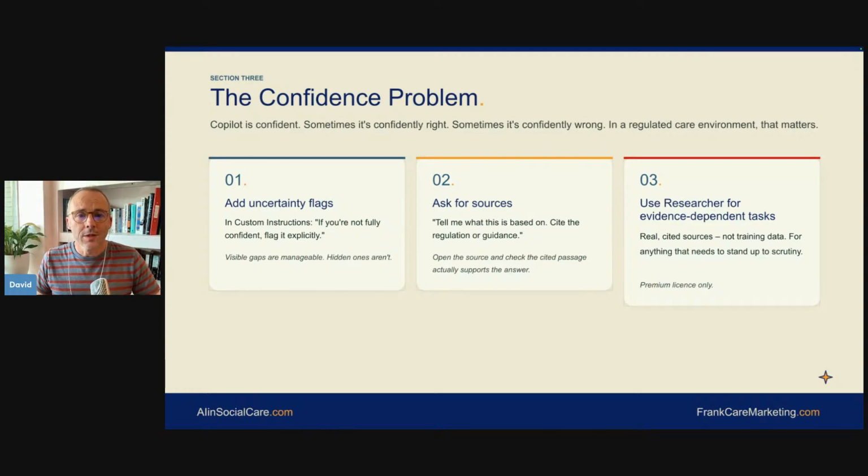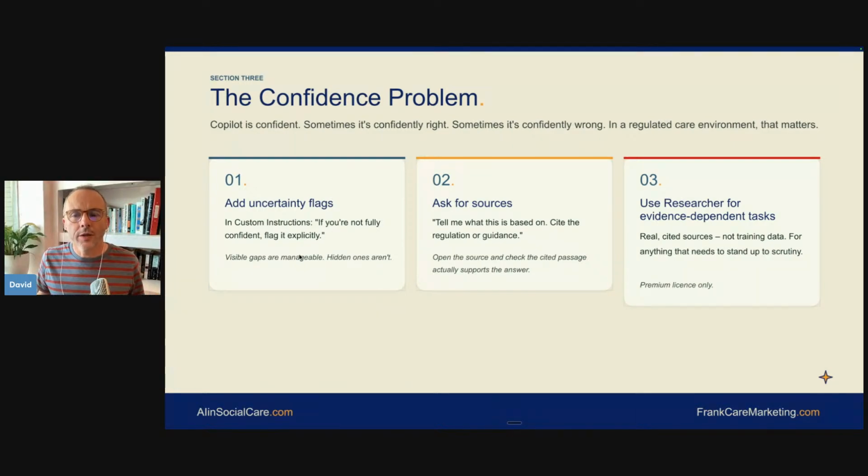So you've got to use AI for the right thing. Let's talk about ways we can make it more cautious and introduce safeguards. First, remember when I added those custom instructions, I had a line in there: if you're not fully confident, flag it explicitly.